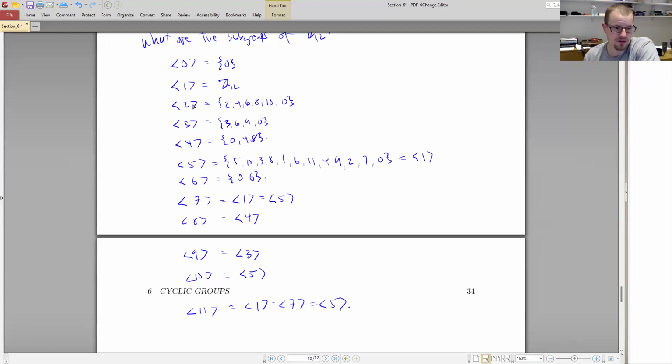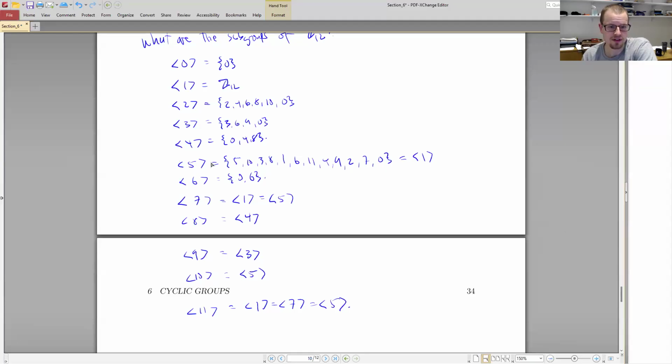So yes, 2 divides 4, so 4 should be a subset. 2 divides 6, so what's generated by 6 should be a subset. But the key thing here is that it still maintains that it's not generating the whole thing.